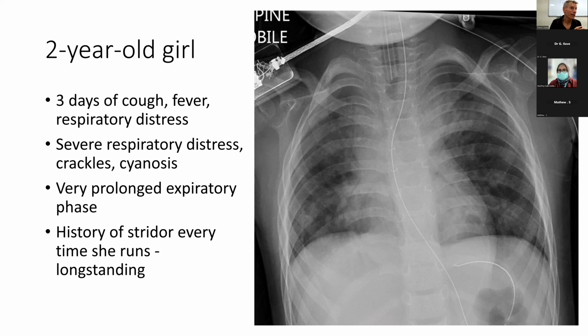Or it could be laryngomalacia. Those are the things you should be thinking about. Anything else that you could think of? Epiglottitis. Epiglottitis is not usually a recurrent problem. It's usually severe and occurs only once, so it wouldn't be on my list as a cause of acute on chronic airway obstruction.